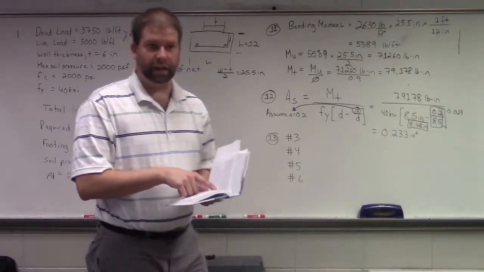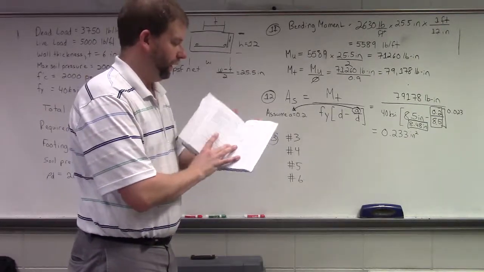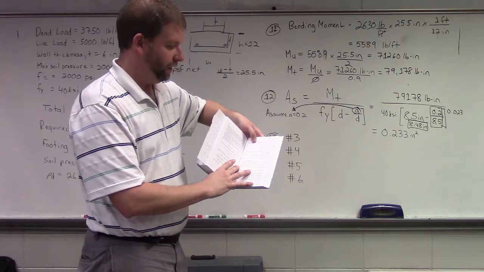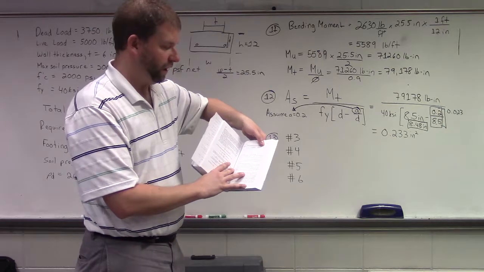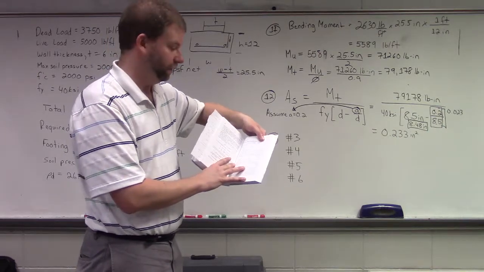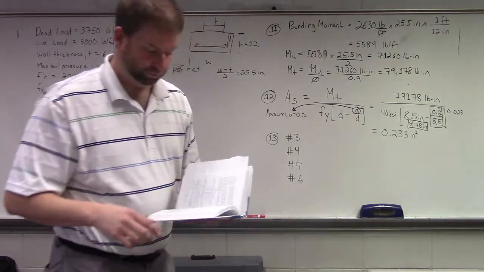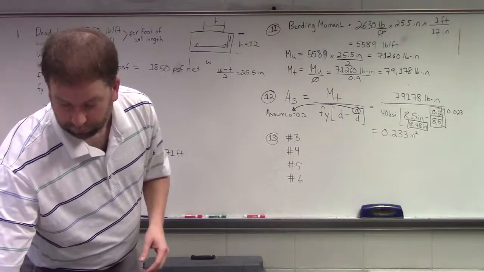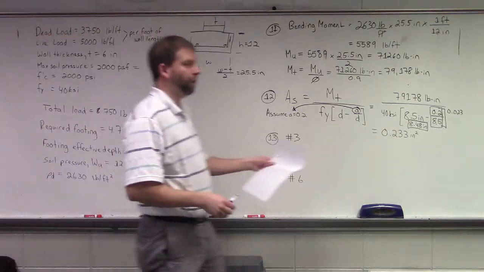They set out a table for this example where, based on the bar size, they gave you the area of bar, the area required for bending, the bar spacing required, and then the bar spacing that they selected. So we need to pick a bar that's bigger than 0.233? No, because there's more than one bar. It's going to be more than one bar, right?